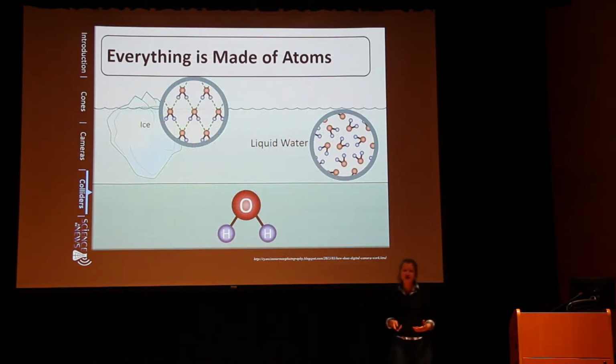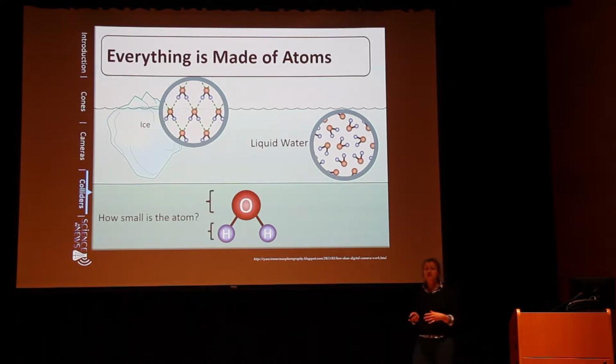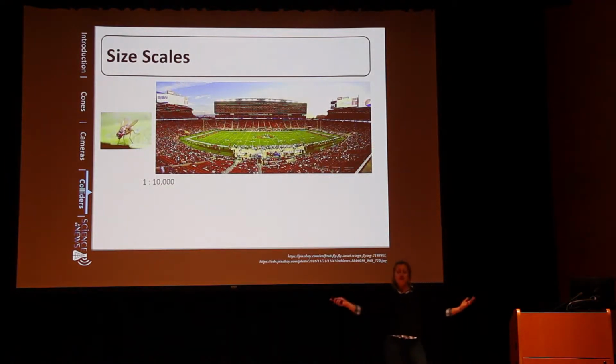But in order to understand our universe, we have to go even smaller, because everything around us is made of atoms and molecules. For example, water, H2O, is 2 hydrogen atoms and 1 oxygen atom bound together to form the water molecule. Now, we can sort of imagine how small a cell is, 1/100th the thickness of a piece of paper, but the atom is so small that we're going to have to make another analogy. So imagine a huge football stadium, and imagine a tiny fruit fly and how small it is in comparison.